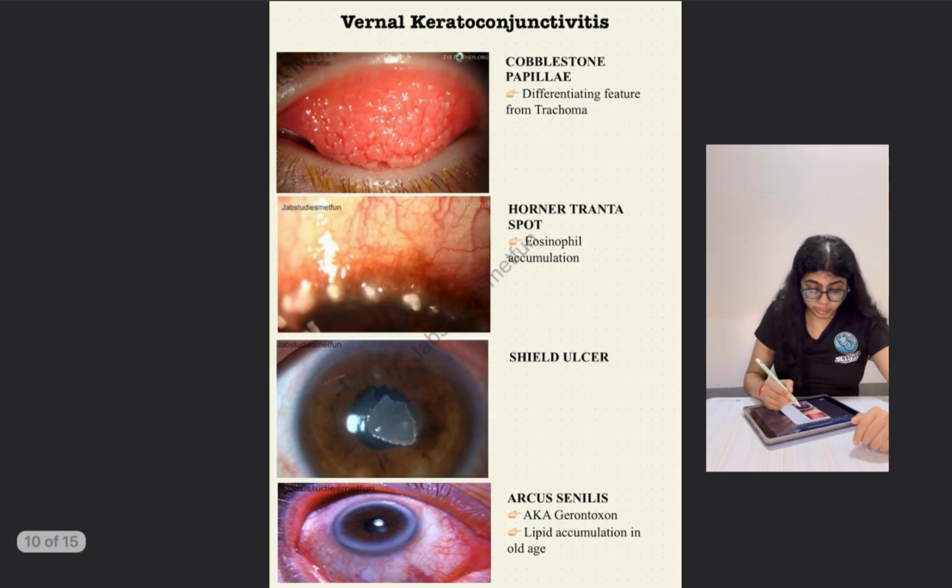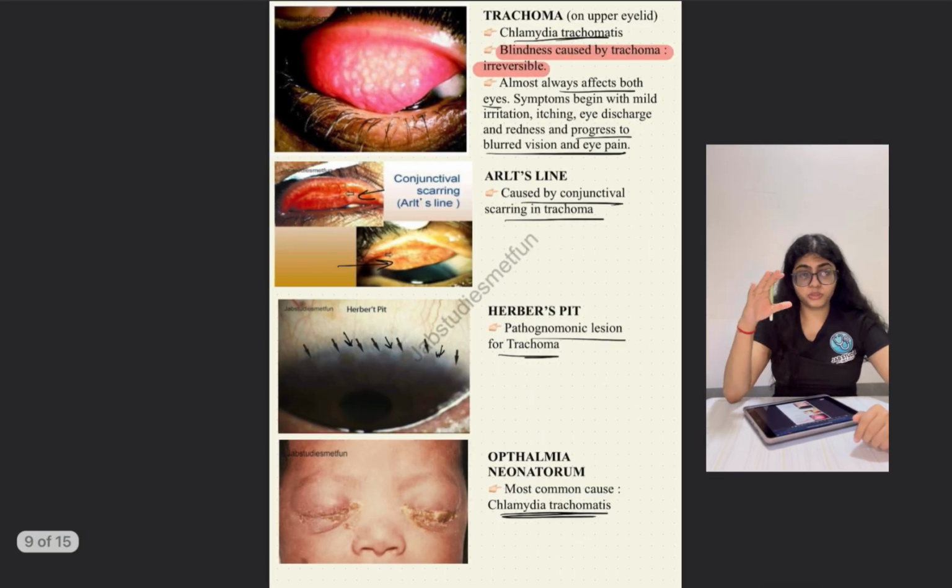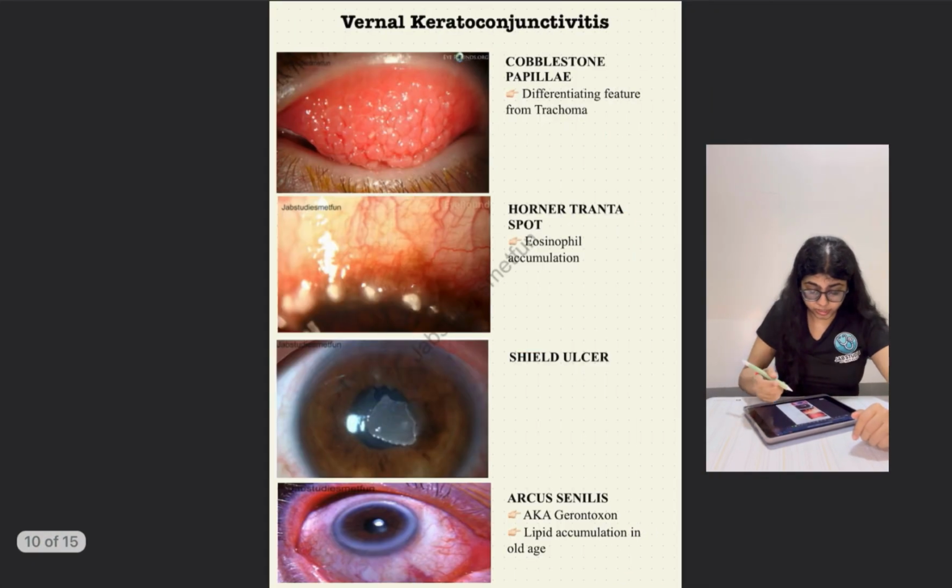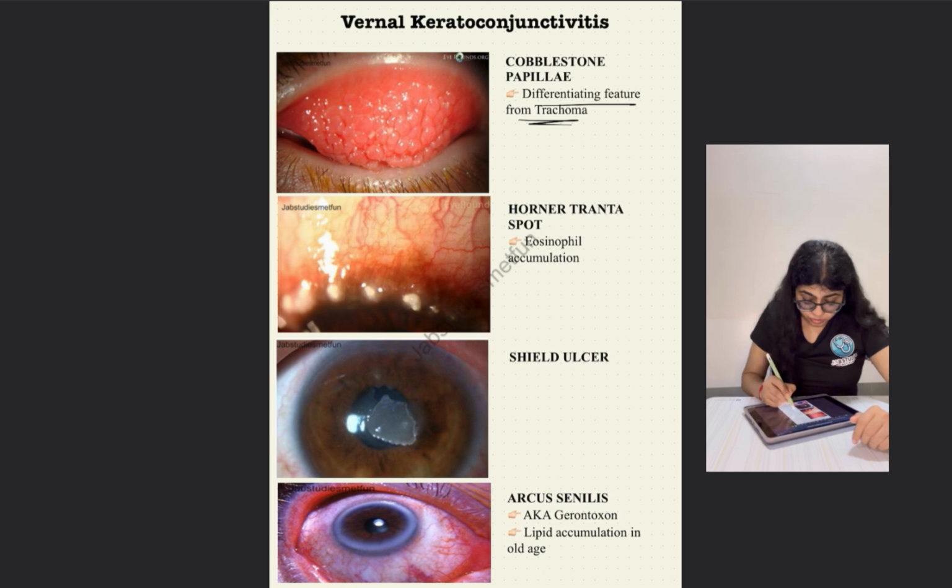Vernal keratoconjunctivitis. There is a huge confusion between trachoma and vernal keratoconjunctivitis. So in vernal keratoconjunctivitis, there is cobblestone papillae, which is a differentiating feature from trachoma. Horner-Trantas spots. These are also seen in vernal keratoconjunctivitis.